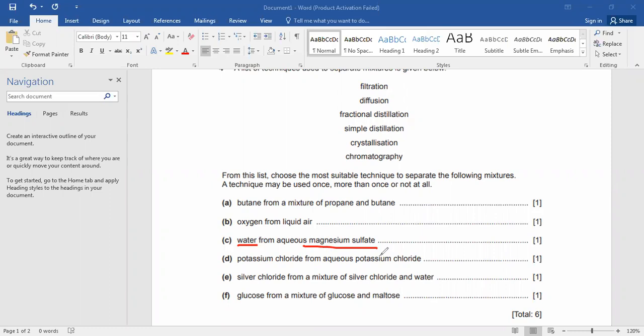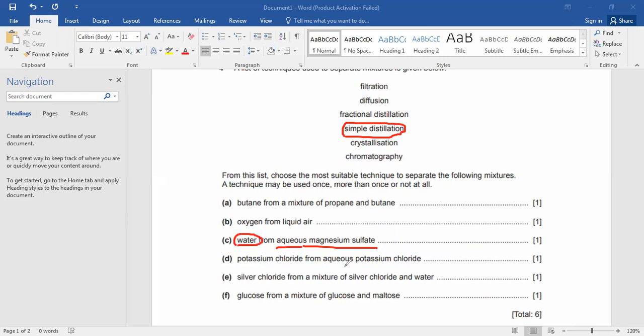Aqueous magnesium sulfate is a salt solution. So in salt solution, you have to remove water. The salt will be there in the container, which means what we have to use? It's simple distillation. Again, I'm telling you, it is not crystallization or evaporation. It is simple distillation because you need water.